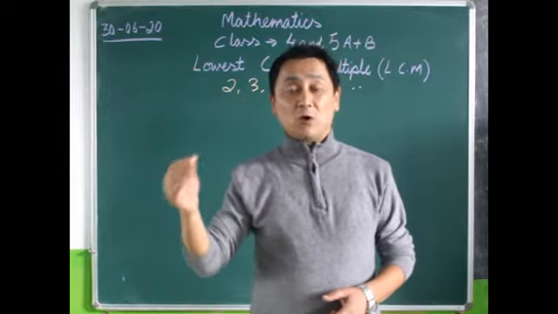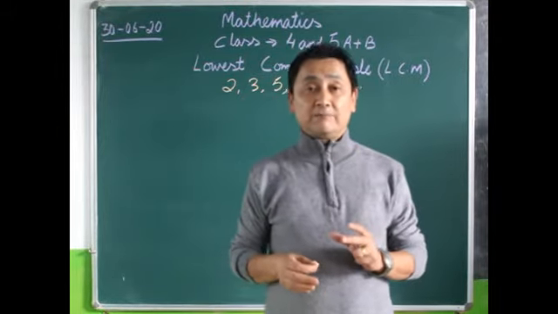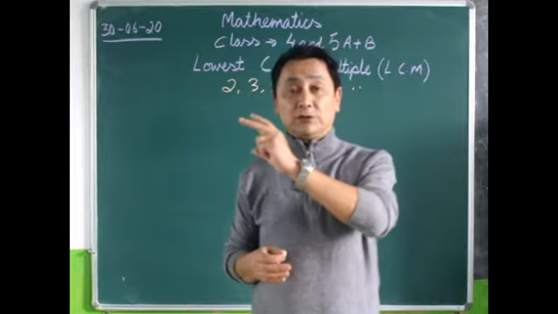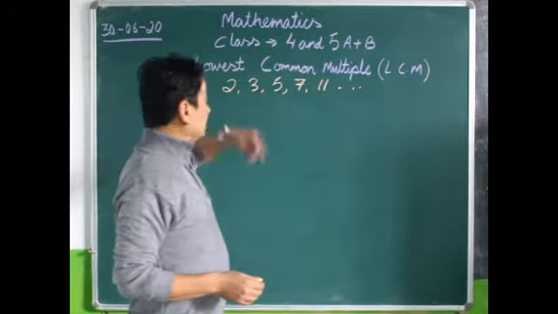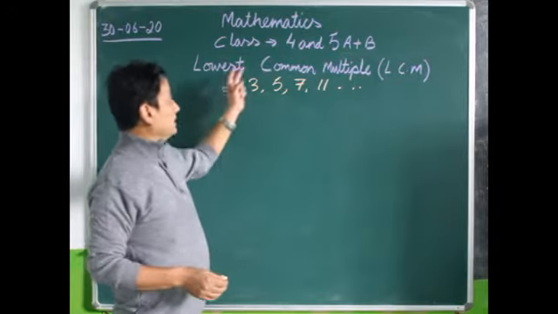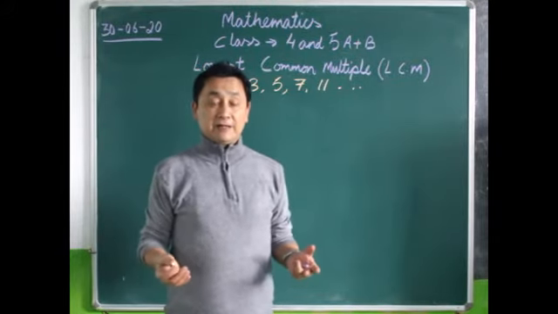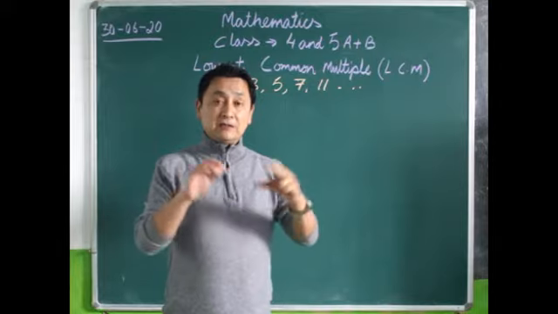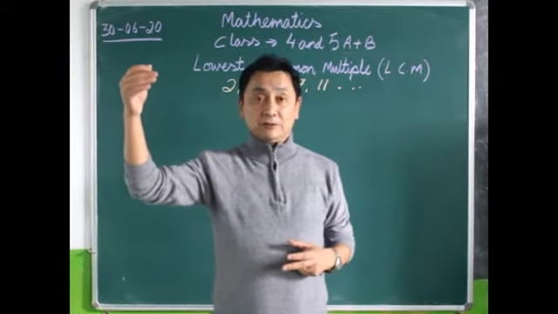Previously, highest common factor meant, between two numbers, the biggest number that will go into both the numbers. Now, this week we are going to do lowest common multiple, which means two numbers are given and we have to find a certain number that both the numbers go into.